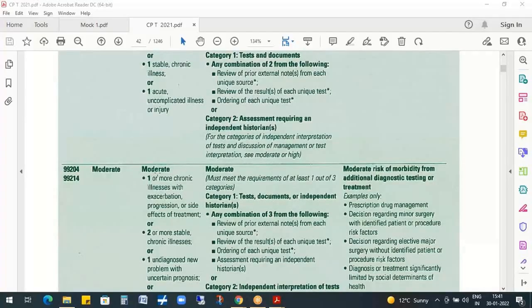You can see it is under moderate level. Then prescription of drug is done. Prescription of drug and chronic condition under progression comes under which level? 99214, yes or no?